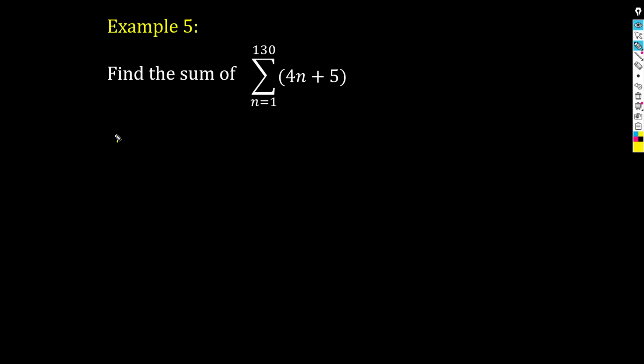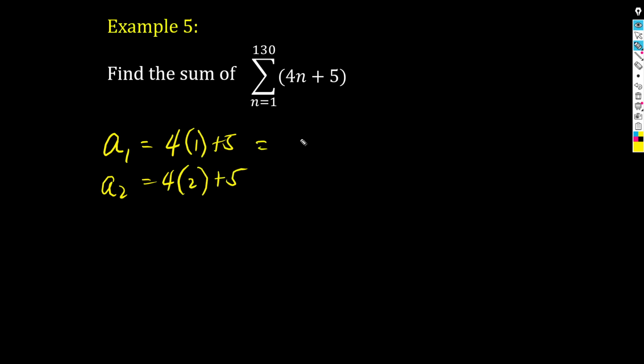First, let's get a sub 1: evaluate the expression by plugging in 1, 4 times 1 plus 5, which is 9. By the same principle, a sub 2 is 4 times 2 plus 5, which is 13. The first term is 9, the second term is 13, which means my common difference is 4.